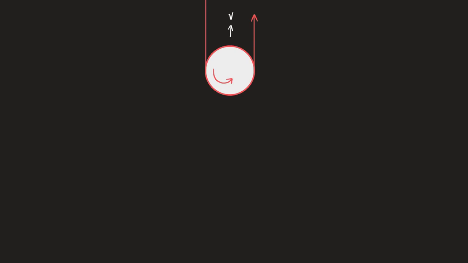If the center of mass is moving at a constant velocity, then the net force would have to be zero and the net torque would have to be zero.